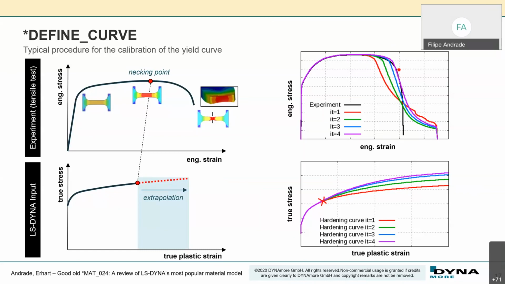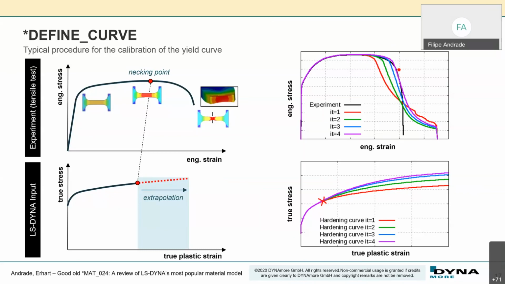It's a typical procedure. You don't have to do it like this. Some customers prefer other methods. That's the method that we mostly use. And what we do also, which is not shown here, in the meantime, we measure the strains locally, optically, with a DIC method.